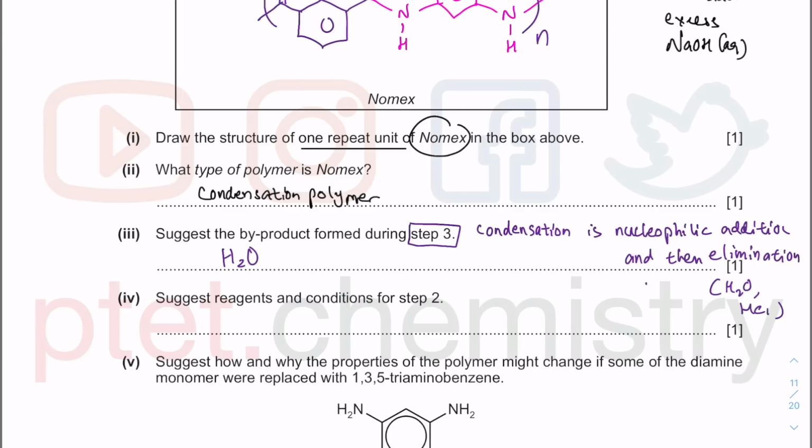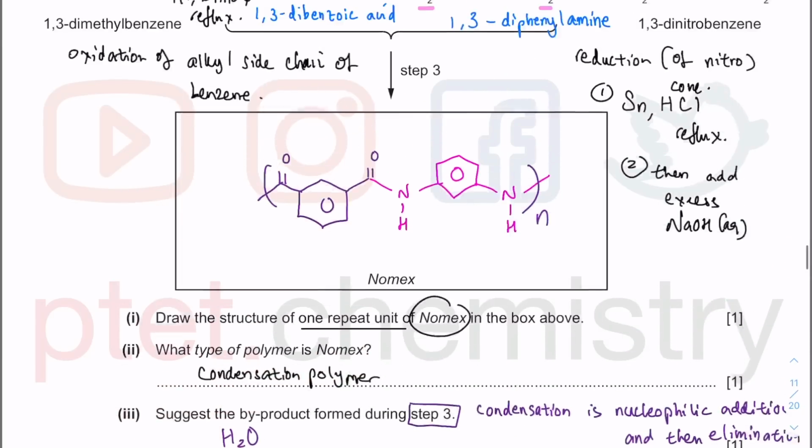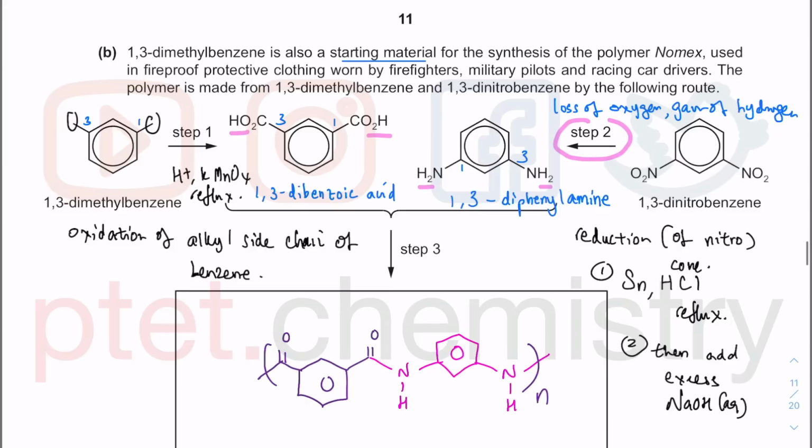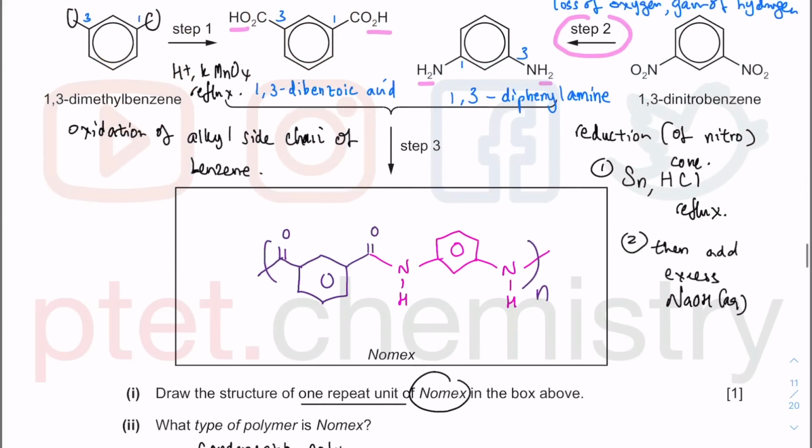What are the reagents and conditions for step 2? Step 2 was the reduction of the nitro group of nitrobenzene into phenylamine. In the old syllabus, they used to just stop there, but I am pretty sure in the 2022 syllabus, they are now aware that students know that this is a basic group, and it will protonate if you just do it in conc. HCl.